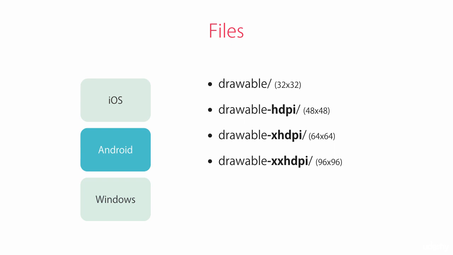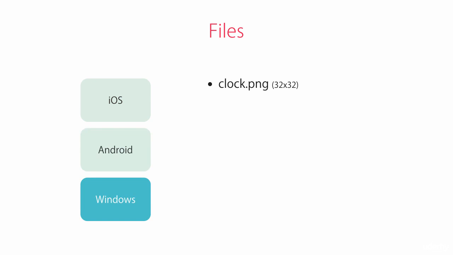In Android, we have a different convention. We have different folder names, and all these folders start with drawable-. Here, HDPI stands for high DPI, XHDPI stands for extra high, and XXHDPI stands for extra extra high. Now with Windows, I personally am a little bit confused because the documentation is inconsistent.